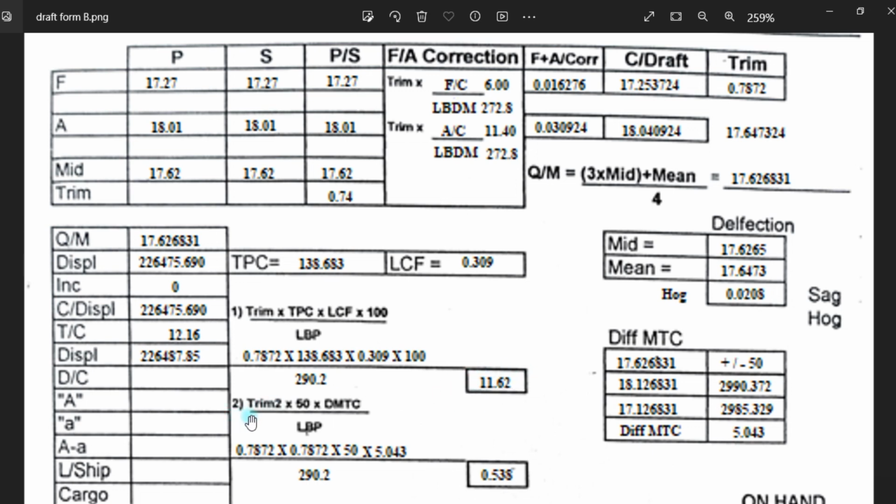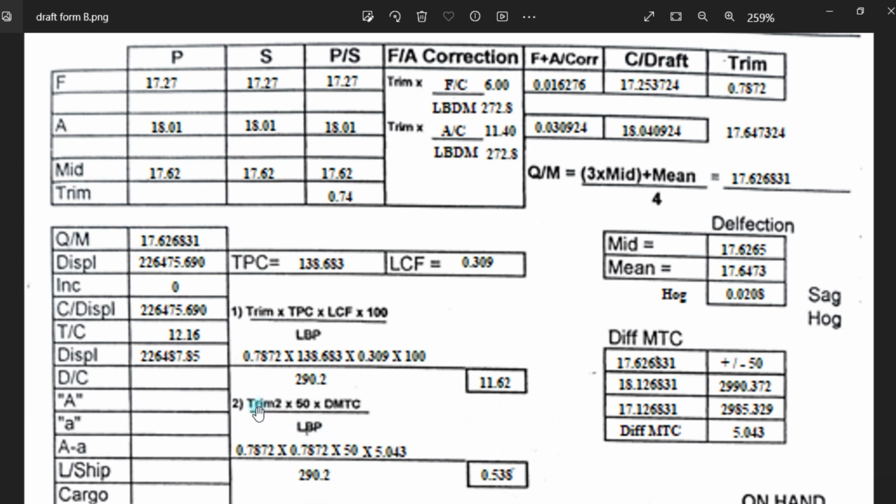Then we have the second trim correction, which is trim 2, meaning you have to multiply the trim by 2 times. So the trim, which is 0.7872, which is this one, times the same trim, 0.7872, times 50, which is this one, and times the difference of MTC, which is 5.043, which is this one. So remember, we already computed this a while ago. And over 290.2, which is the LBP.